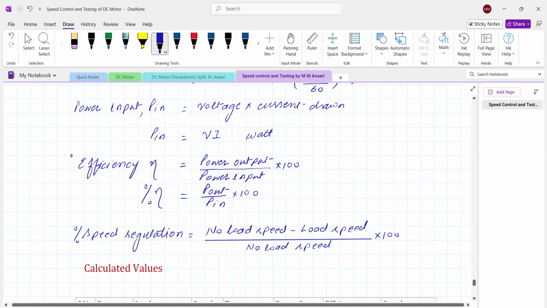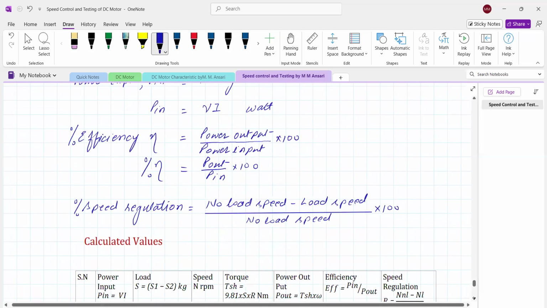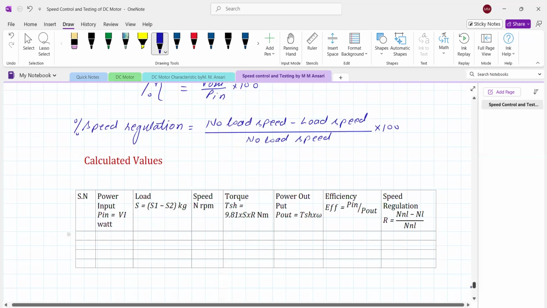Okay. So if you take multiple readings till the full load condition, we can obtain these calculated values. The power input is nothing but V into I, the power drawn by the motor. The load on the motor in kg, S, is equal to S1 minus S2.